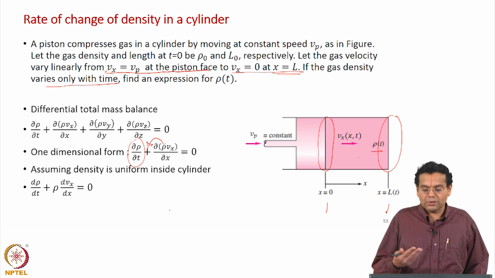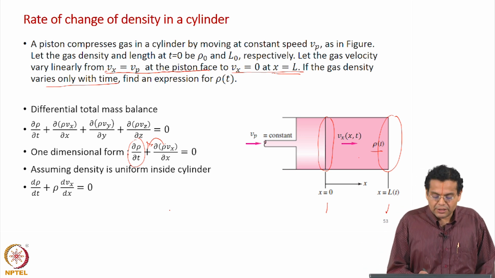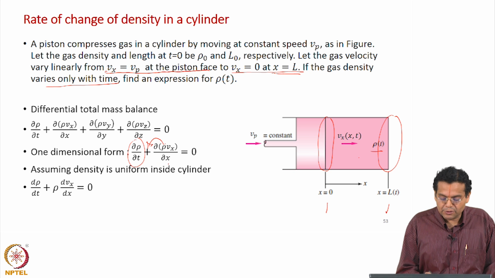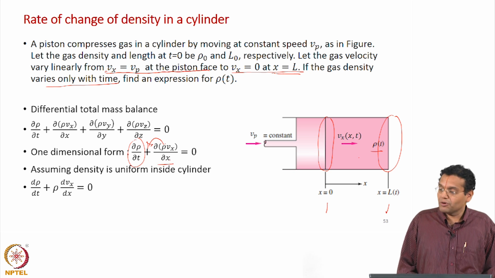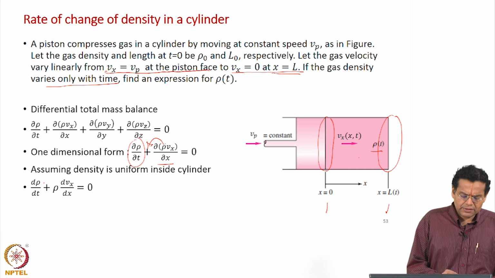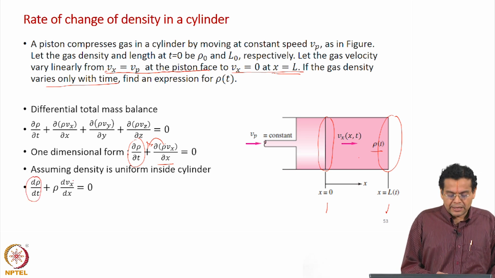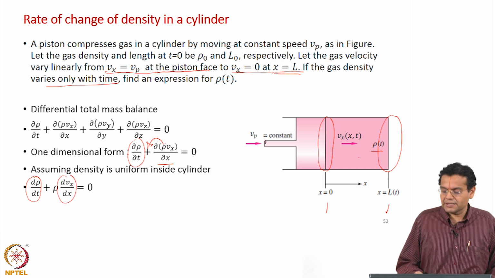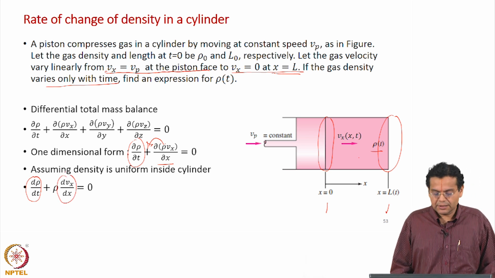Dou rho by dou t was 0, rho was taken out, that also vanished. In this particular case, after we assume the density is uniform inside the cylinder, I take out the derivative, and both of them become total derivatives because density is a function of time only. So, d rho by dt, V x is a function of x, and so dV x by dx.